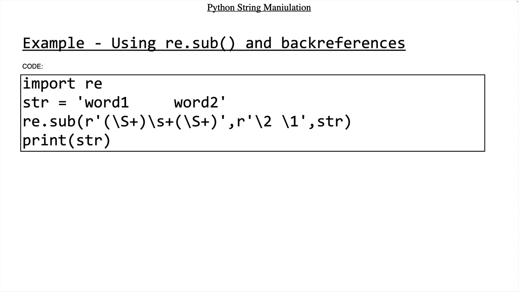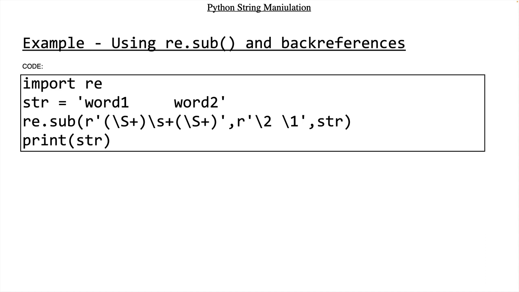And then because I have parentheses, the first one is going to remember the first set of non-white space. The second one is going to remember the second occurrence of non-white space. And then notice that the replacement, I have \2 \1. So the back references are numbered in the order they occur.